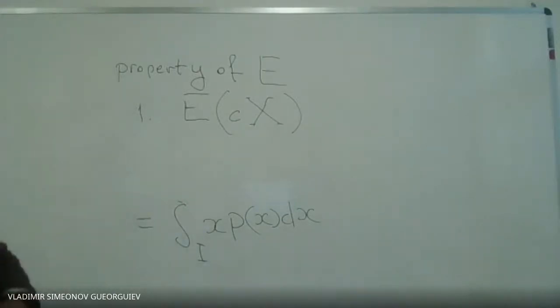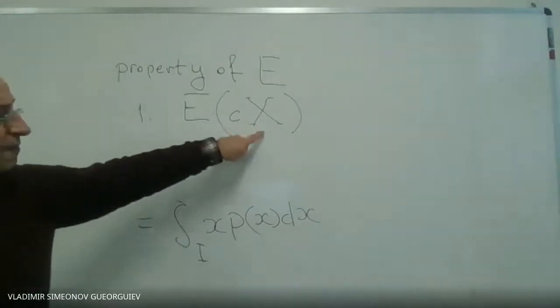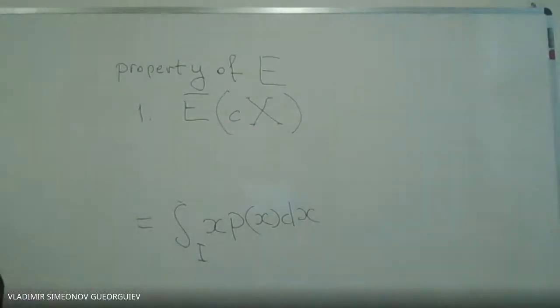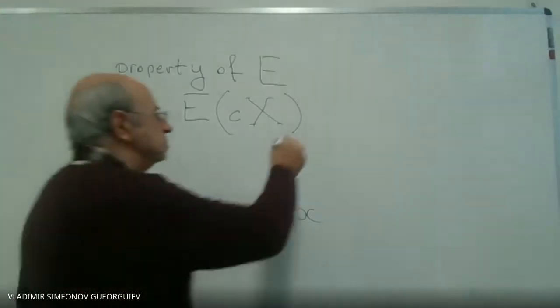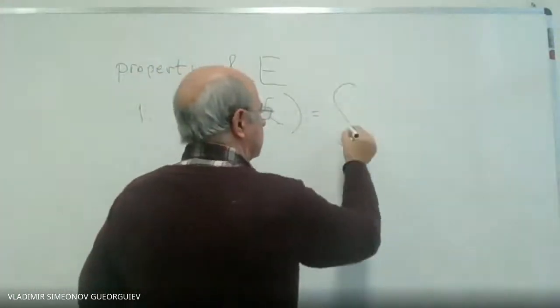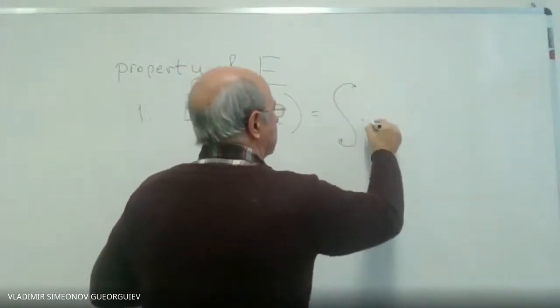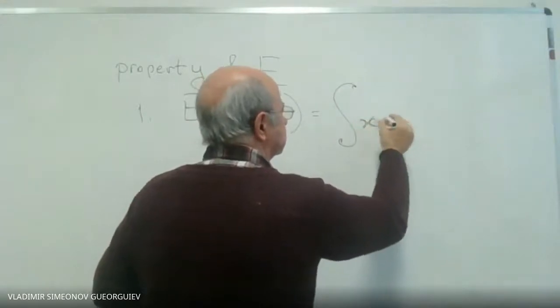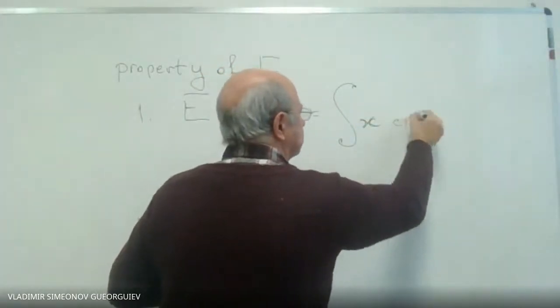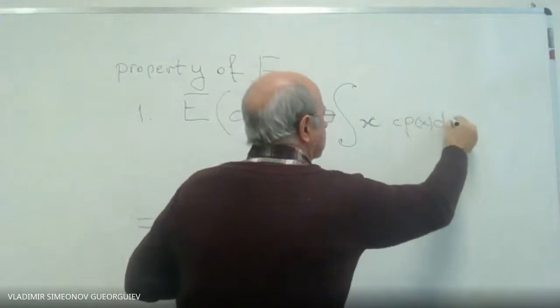So what is this? When you have your constant C, then of course you have to compute the integral of x, small x, times C p(x) dx.